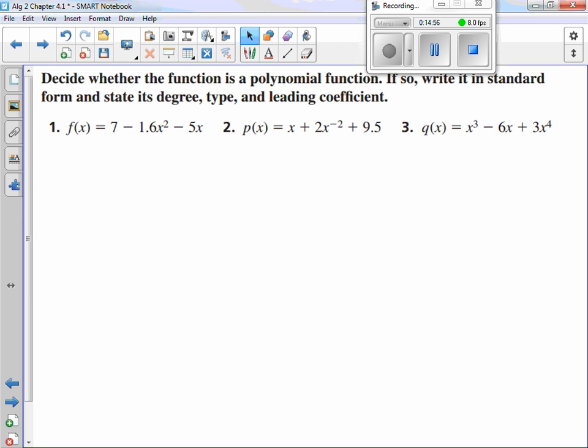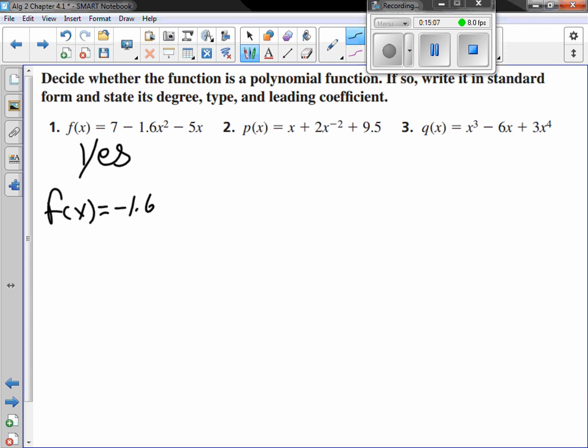Let's look at the first two. So number one, is it a polynomial function? Is it written in standard form? What does it need to be? Negative 1.6 x squared. The degree.